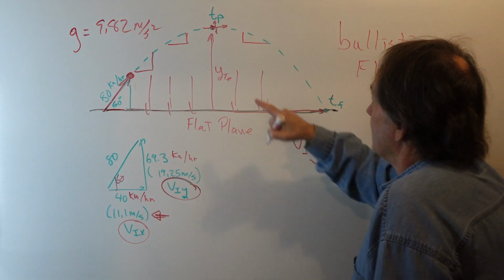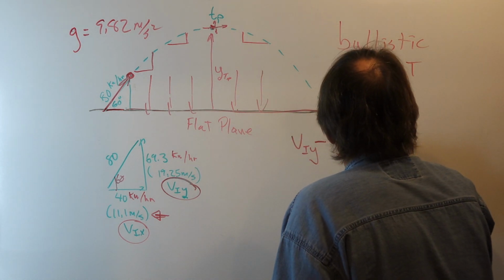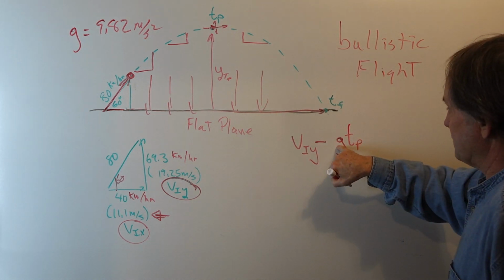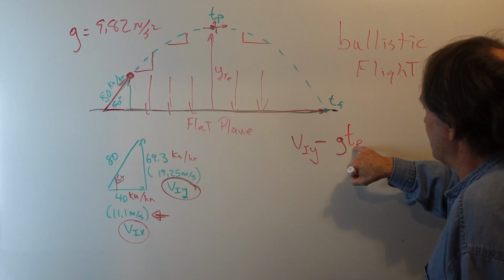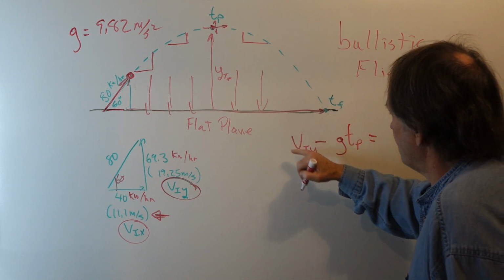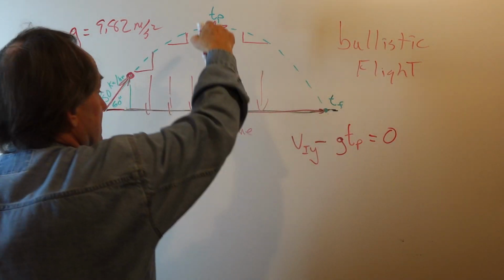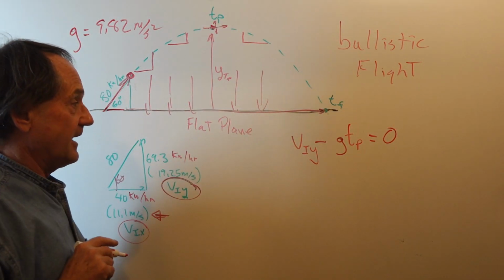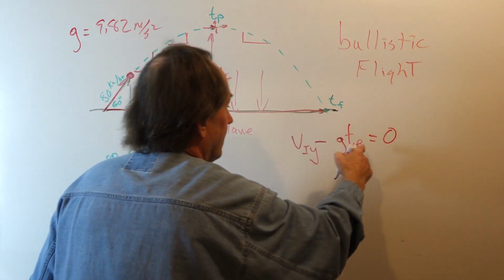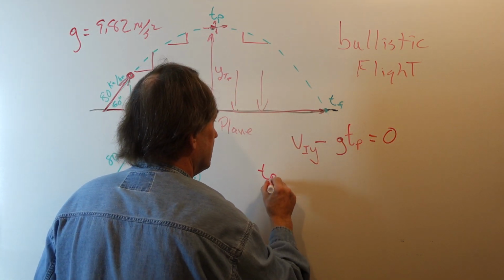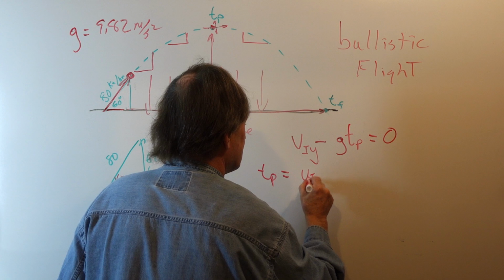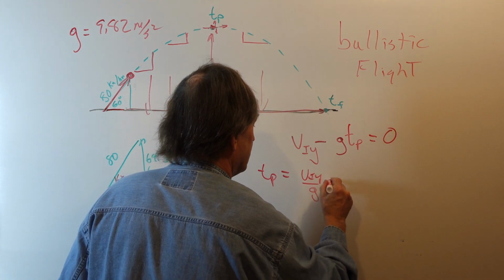So we take this gravitational acceleration times the time to the peak. This is our overall velocity, and we set that equal to 0 because there is no y component of the velocity at the peak, at the top. Solve for TP. TP is V initial in the y direction divided by g.